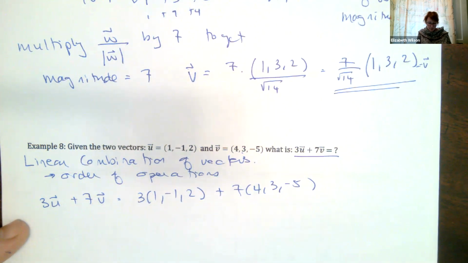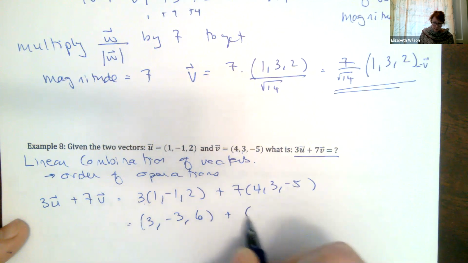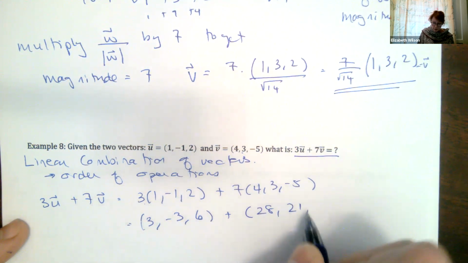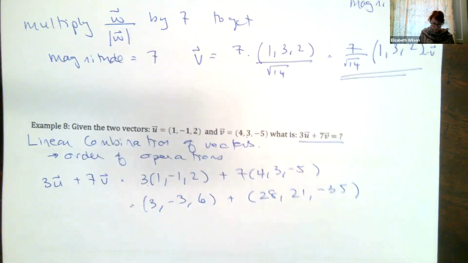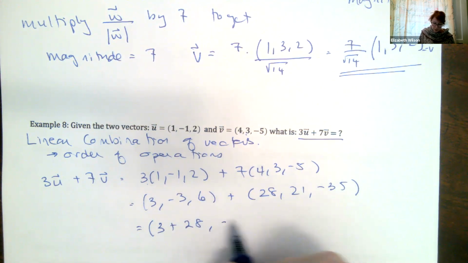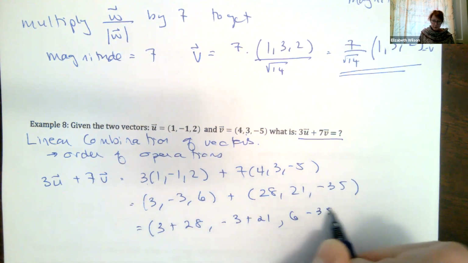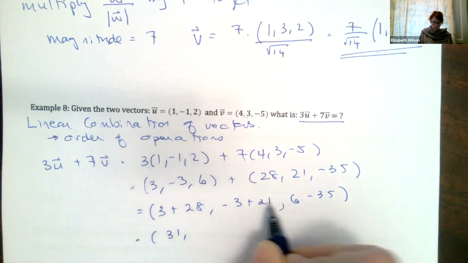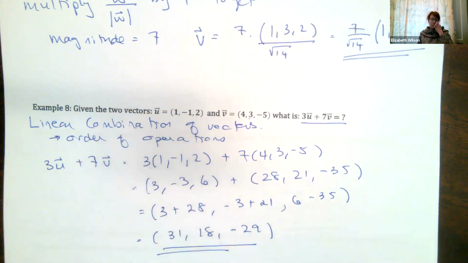Before I can add them, I have to multiply through my scalar multiples. So this becomes 3, minus 3, 6, plus 28, 21, minus 35. And now I can add component to component. So this becomes 3 plus 28, minus 3 plus 21, and 6 minus 35. So this is 31, 18, minus 29. That's our linear combination of our vectors.